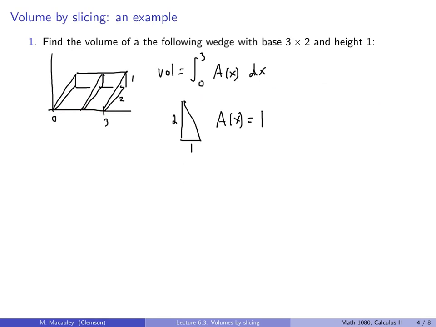So this integral just becomes the integral from 0 to 3 of 1 times dx, which is x from 0 to 3, and that's equal to 3. 3 cubic units.